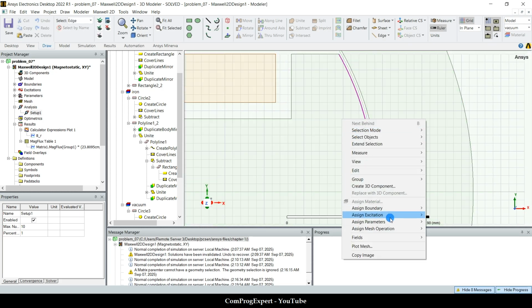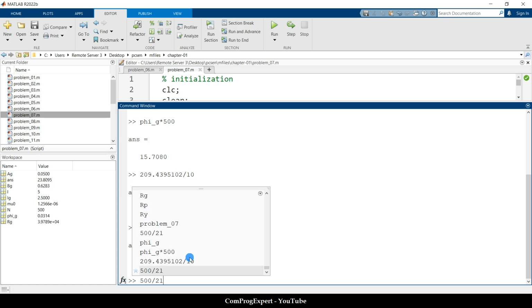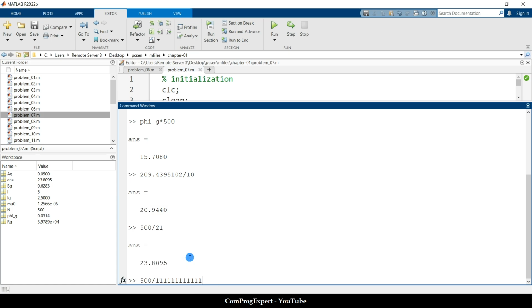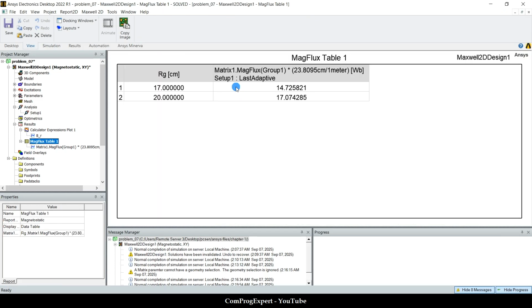So in this case, the length is this one, 17.8. So here is 0.8, 28 to get this area.